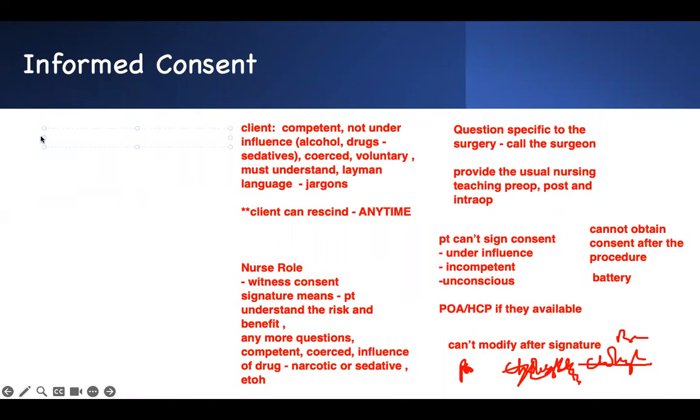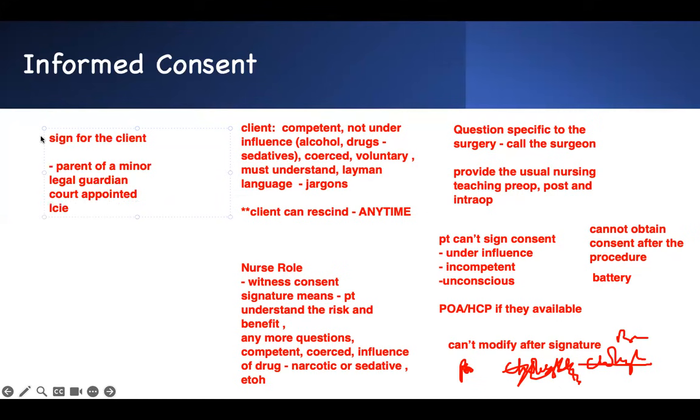In a few situations, people can sign for another client, like I mentioned, if the client cannot do that. The parent of a minor can sign for the minor. A legal guardian can sign consent for their ward. If you are court appointed, you can also sign.